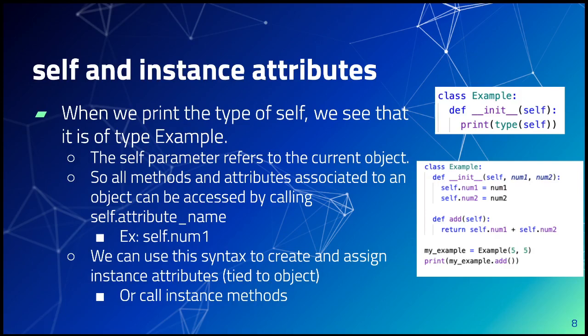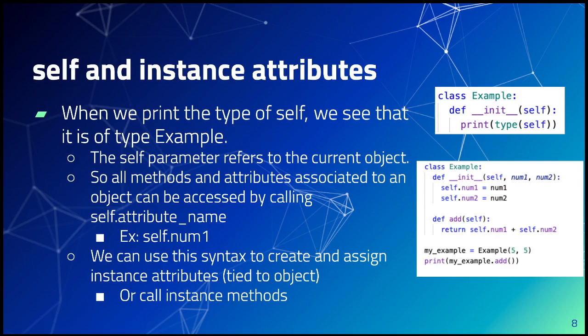The type function will just return the type of this class. So if self is an instance of example, print type should print example or something along those lines. And in fact, it does. If you were to run this bit of code, you'd see that type of self is in fact example. So we've established that self, or the first implied parameter, will always be the type of the class.